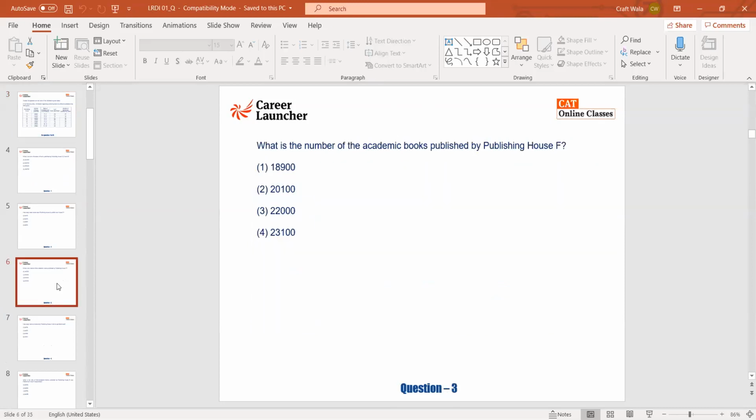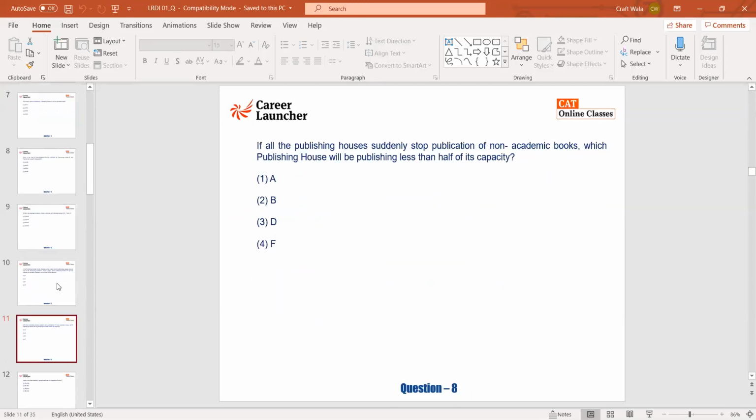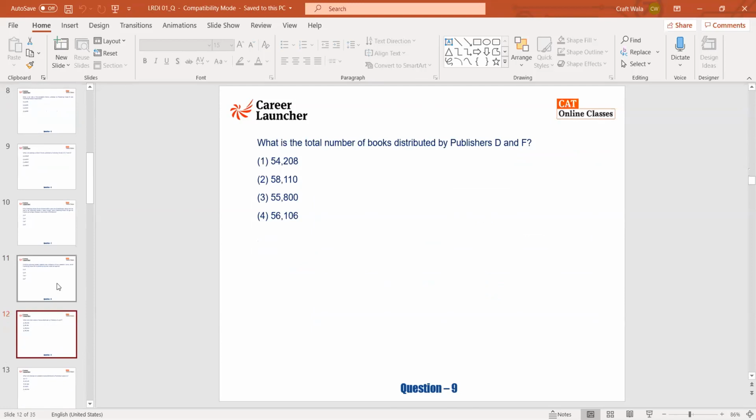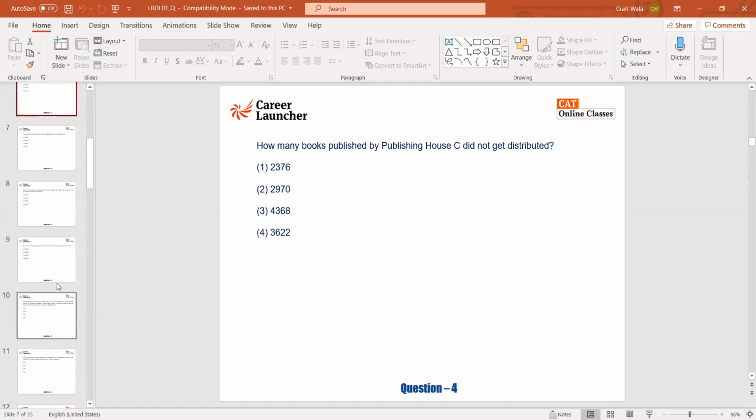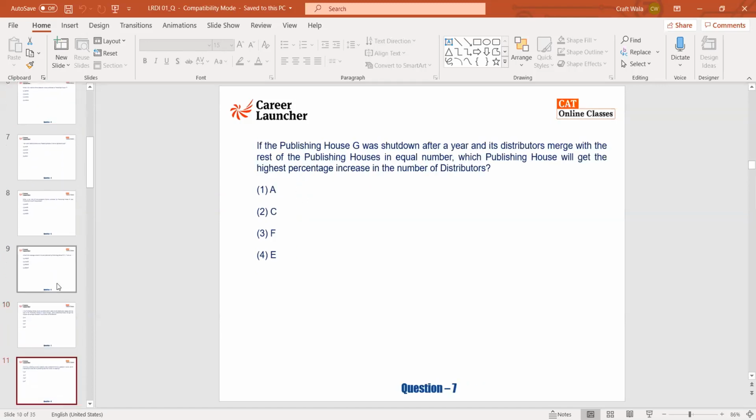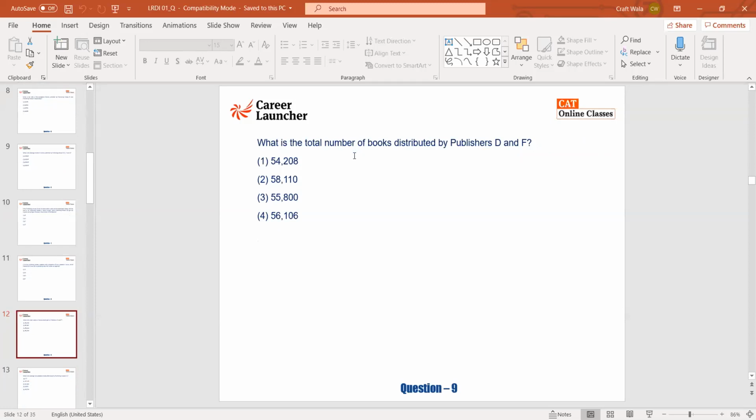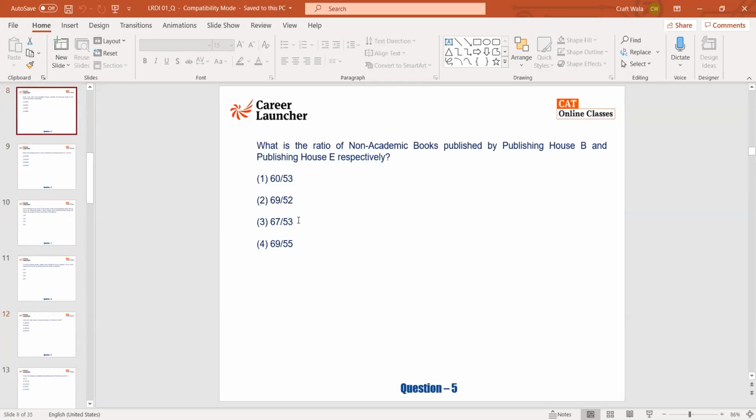Okay, what is the total number of books distributed by D and F? First thing that I can do is, if I look at the answer options here, the last digit is different, 8006. If I can tell what is my last digit, I should be able to eliminate at least a few answer options. So let's use that technique first here.